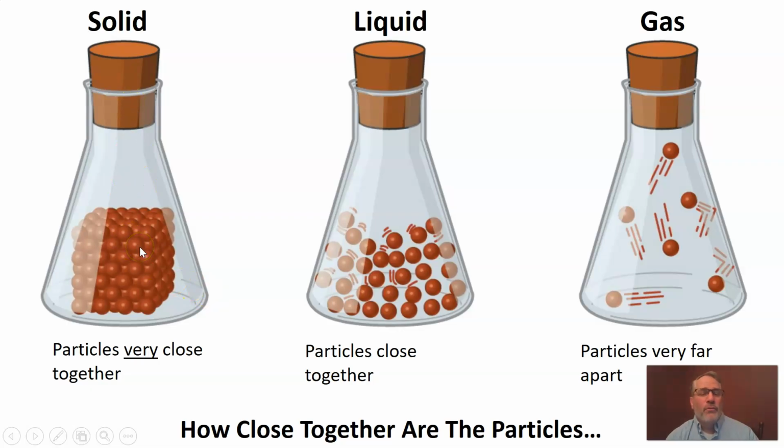They're often organized in rows, and sometimes these can be closest together. Now, that is not always true. I do want you to know that if we look at liquids, the particles are also very close together. Sometimes in solids, we're going to find that they are closer together, but it's not always the truth. So in general, the particles in both solids and liquids, we're just going to say they're very close together.